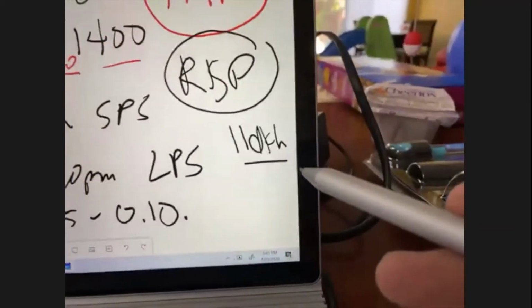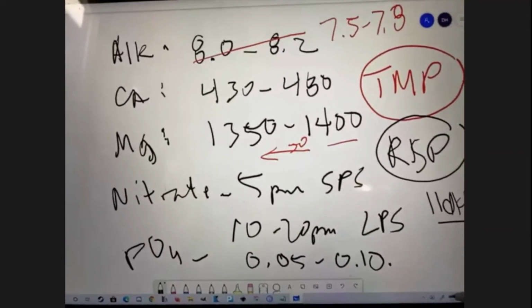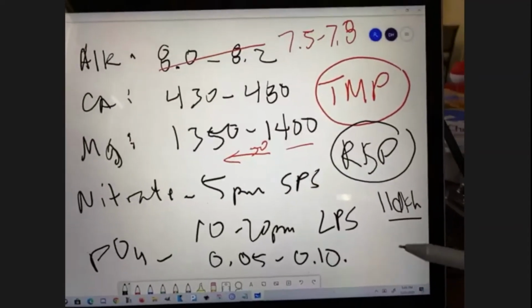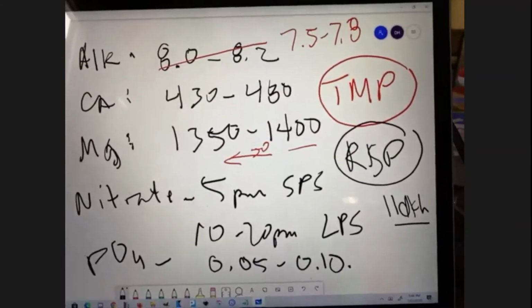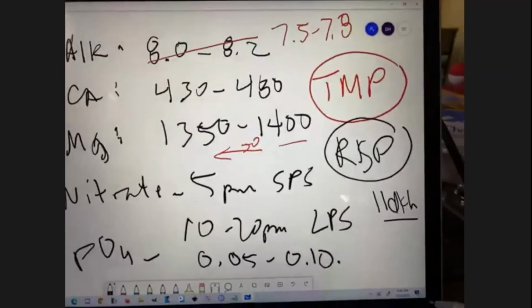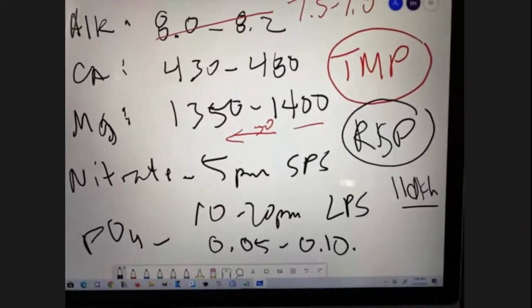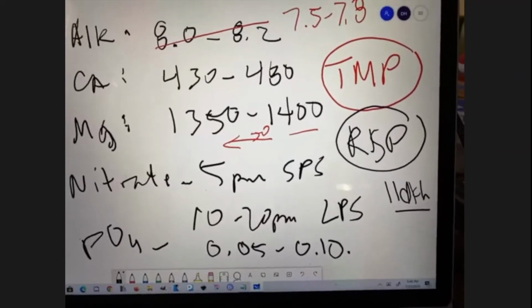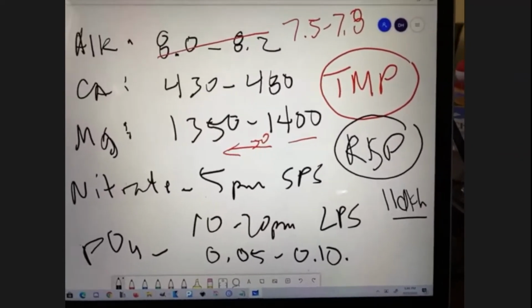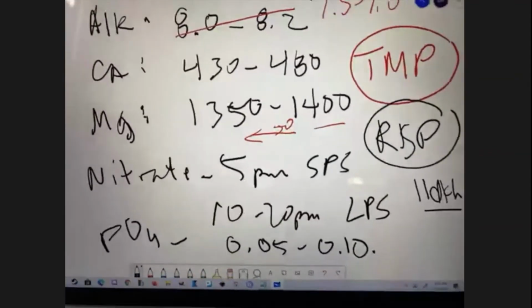If I'm using Red Sea Pro and I keep this alk at a pretty standard level, I can't do a big water change. I can only do small water changes, and a small water change doesn't really take away toxins in your system, doesn't really lower nitrate that quickly, because the fish will poop every single day. You've got stuff that's breaking down every day. So a small water change won't help your nitrate.